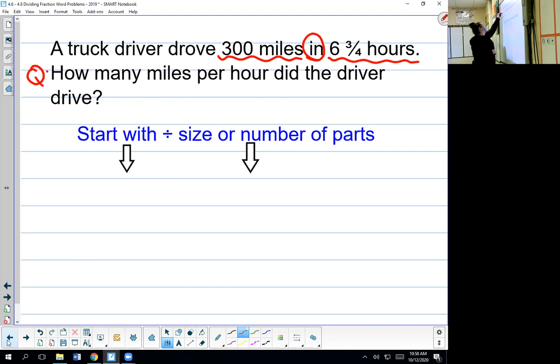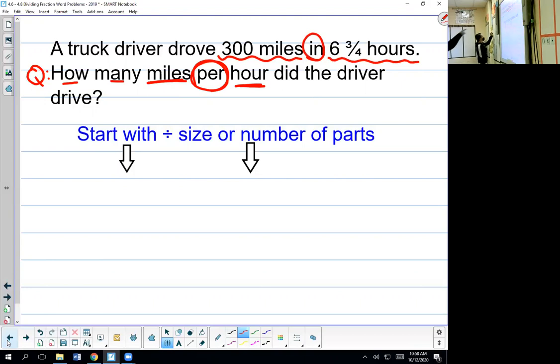In the question, how many miles per hour did the truck driver drive? Now, logically, can a truck go over 100 miles per hour? No, unless we have some crazy truck that doesn't have any stuff on it, right? Otherwise, I'm getting out of the way. I'm not gonna be in front of that truck. I'll be like, you can go, you can go.